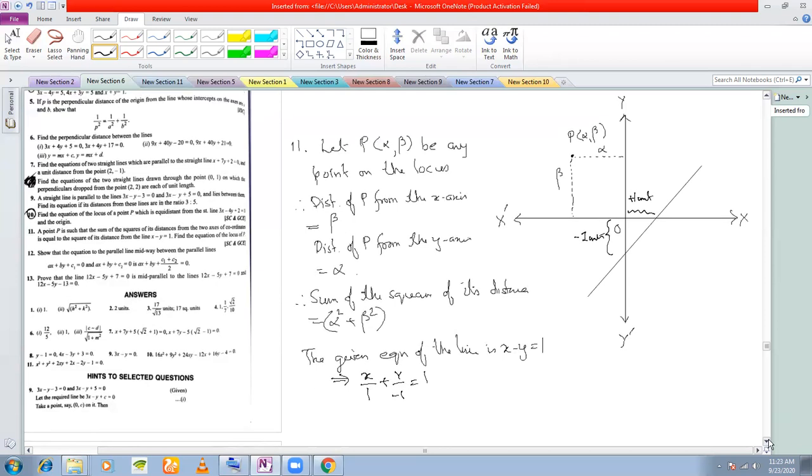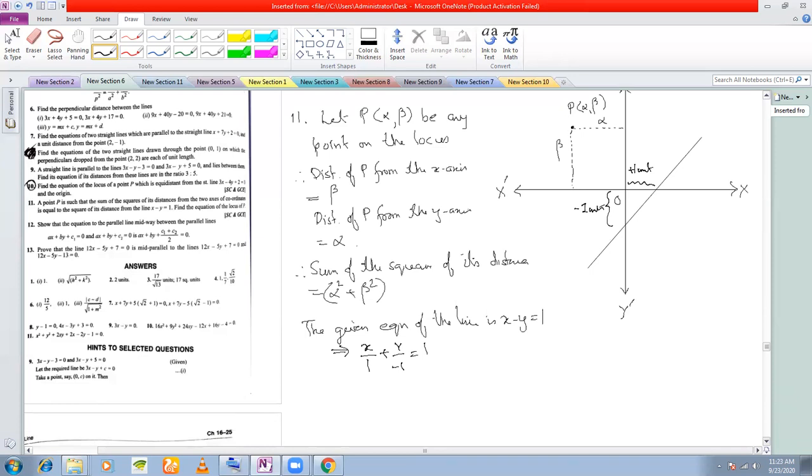Now let us calculate the perpendicular distance of this point from this line. Let us call the foot of the perpendicular M. So what is PM? PM is plus or minus (a x1 plus b y1 plus c) by root over a square plus b square.